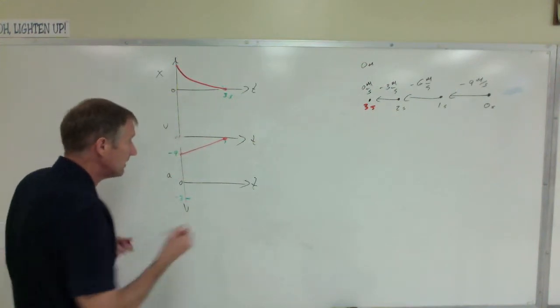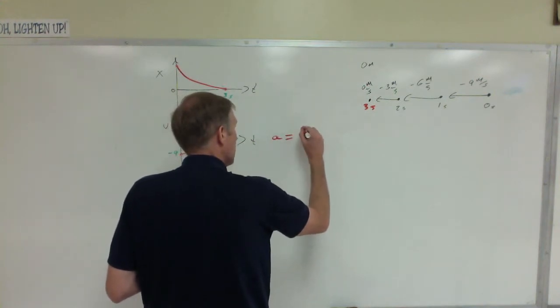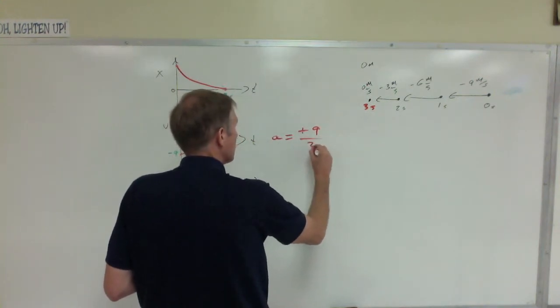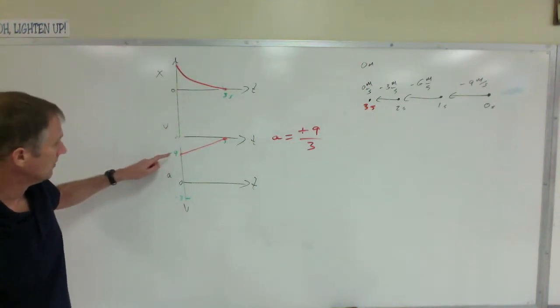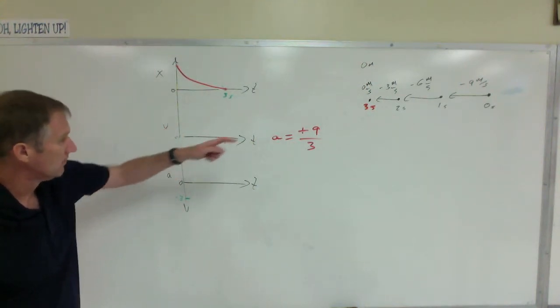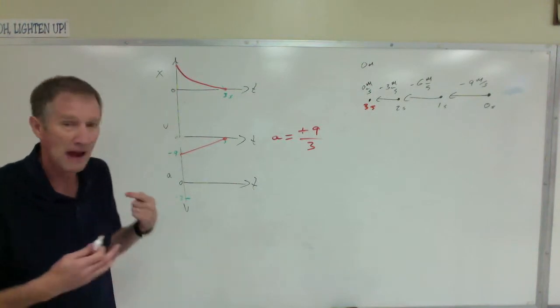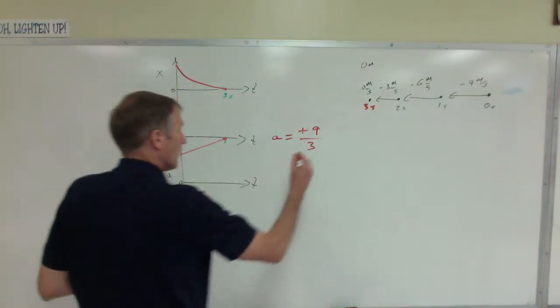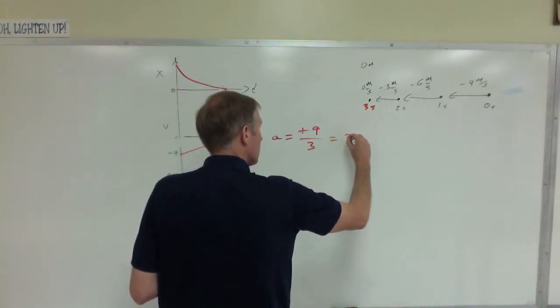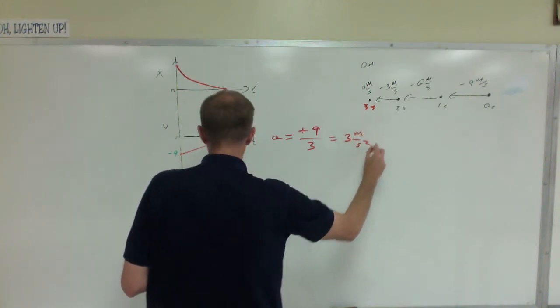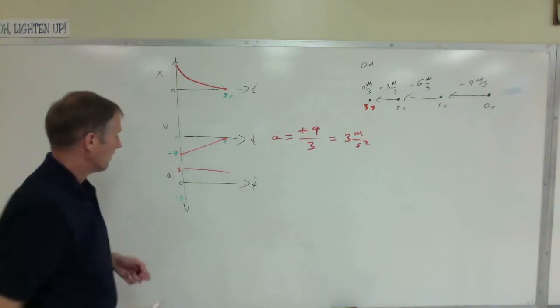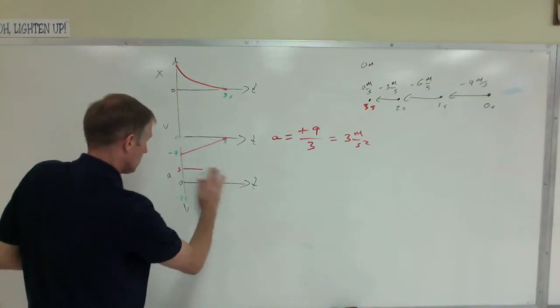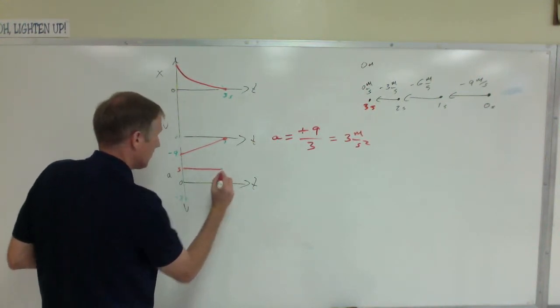The change in velocity is positive 9 over 3 seconds. All right? Because it goes from negative 9 to 0 in 3 seconds. So that is positive 3 meters per second squared. Plus 3 is up here somewhere. That would be your acceleration time graph, and it should be horizontal.